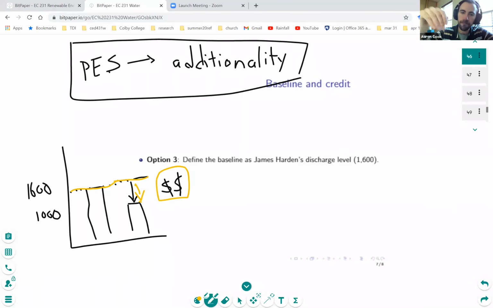So unfortunately, option 3 solves both the problems associated with the first 2, but it introduces this non-additionality, which is a little bit unattractive. So that's the trade-off with this baseline choice. Anything you choose, you're going to have some undesirable characteristics, and it's just a question of which of these 3 options you find least undesirable, and choosing that. But you have to make trade-offs.